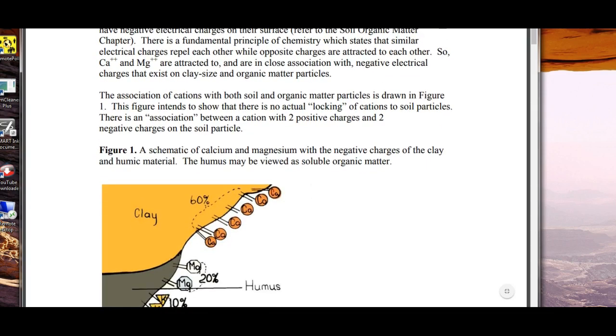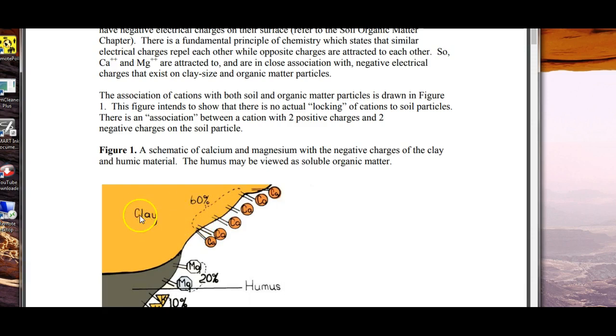So basically, similar electrical charges repel each other while opposite charges are attracted to each other. So our calcium and magnesium are attracted to and in close association with those negative charges on my clay-size and organic matter particles.